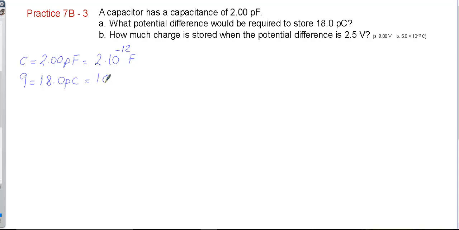It is equal to 18×10^-12 coulomb. In A it says potential difference wanted. B, how much charge is stored when the potential is 2.5? Q is wanted, if delta potential now is 2.5 volt.